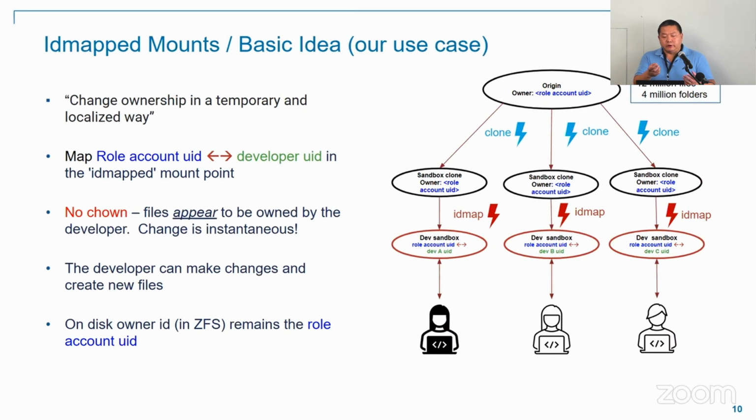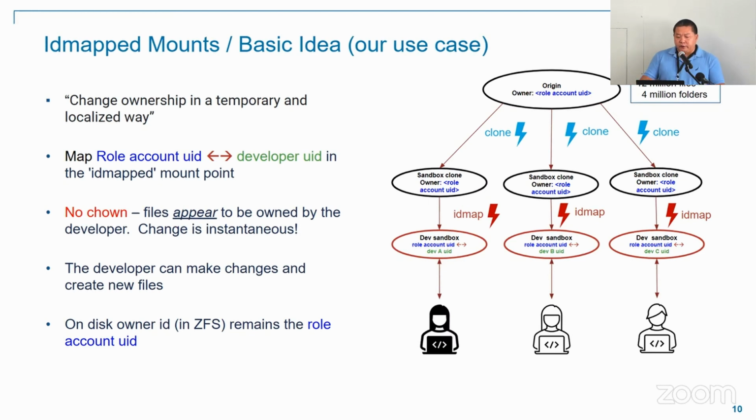In the Linux developer language, this ID mapping basically changes ownership in a temporary and localized way, so that you have an ID translation from the ZFS layer to the namespace in the ZFS storage space. This translation automatically happens.